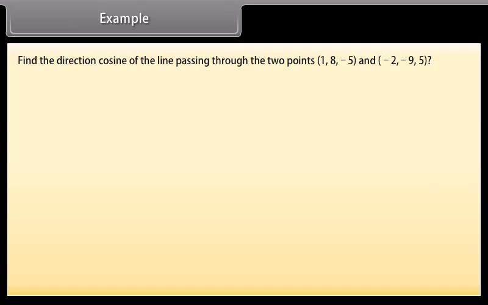Example. Find the direction cosine of the line passing through the 2 points 1, 8, minus 5 and minus 2, minus 9, 5. Solution.